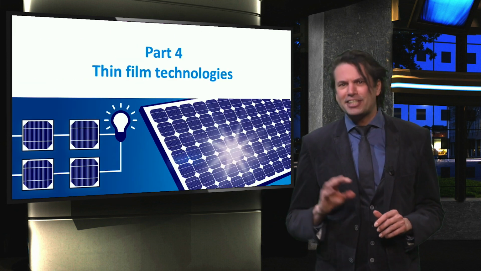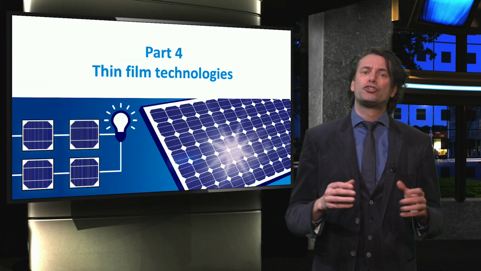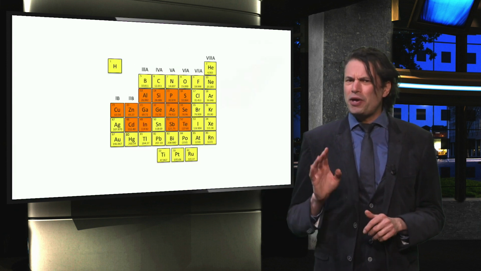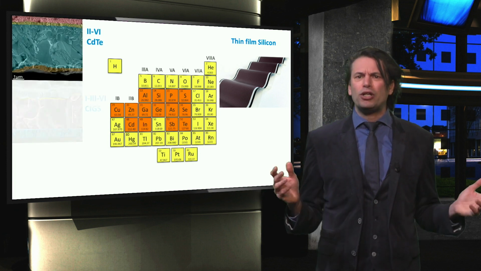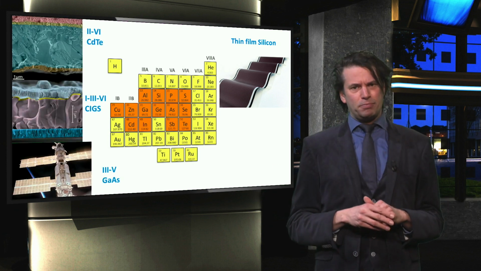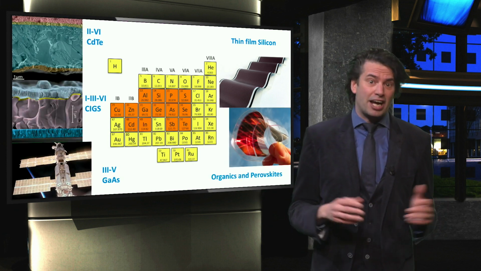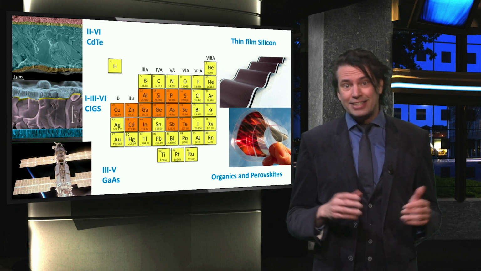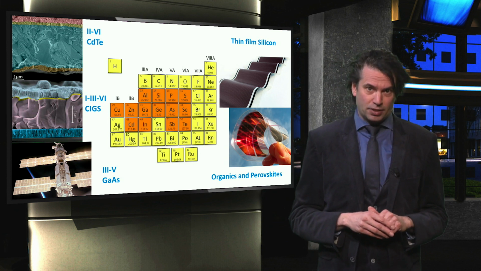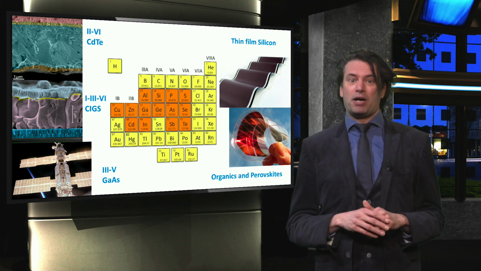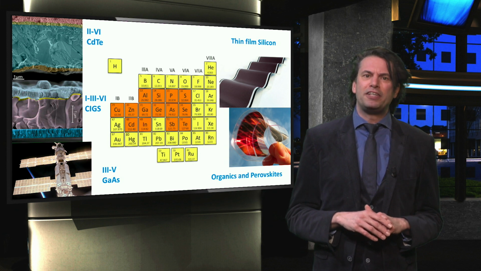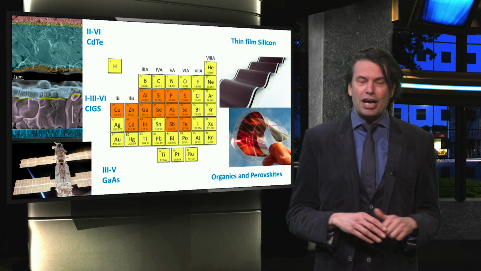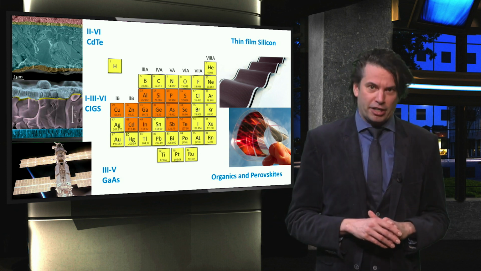In the fourth section of this course, we will discuss the most important thin film technologies. We will spend 3 weeks on the thin films in which you will learn all about thin film silicon, chalcogenides like the 2,6 technology cadmium telluride and the 1,3,6 technology CIGS, the 3,5 technology gallium arsenide, and some organic PV technologies like organic polymers, dye-sensitized solar cells, and the new material, perovskites.